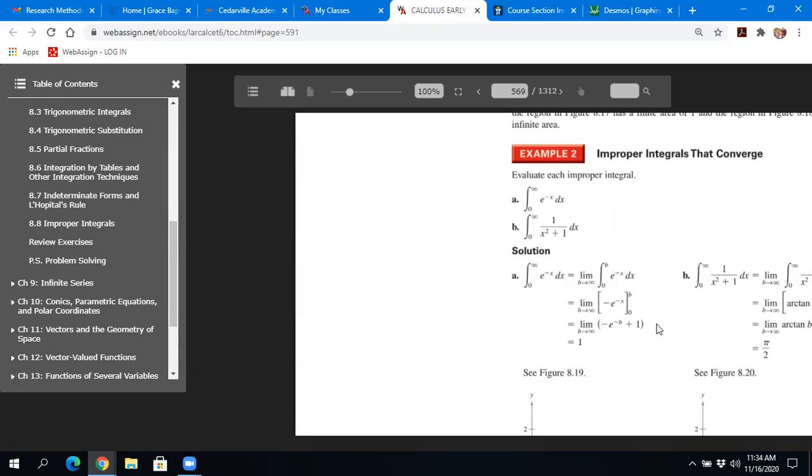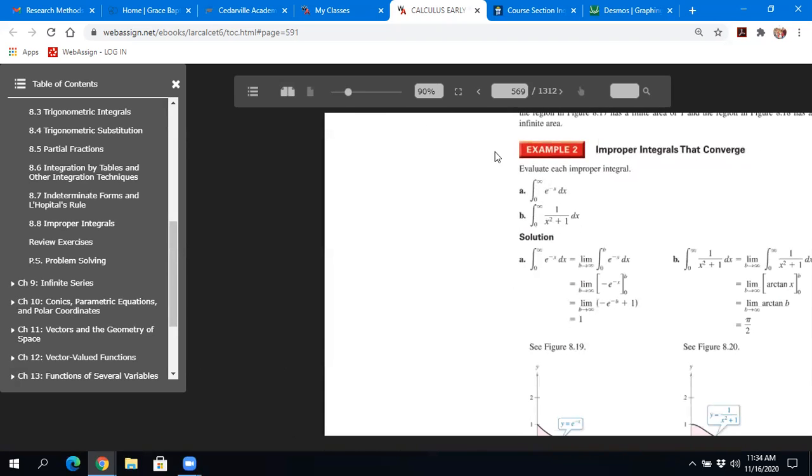What about this guy right here? The integral from 0 to infinity, 1 over x squared plus 1. The antiderivative of 1 over x squared plus 1. By the way, there's a typo here. What should this say? This is the limit as b goes to infinity.